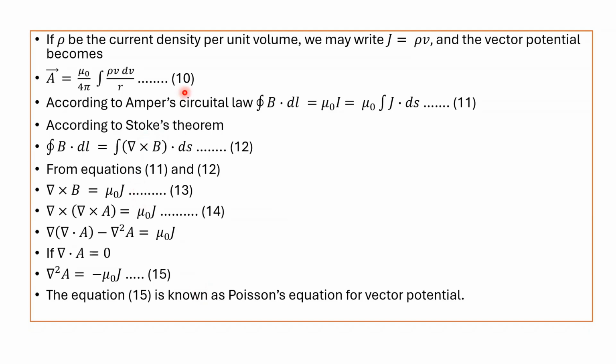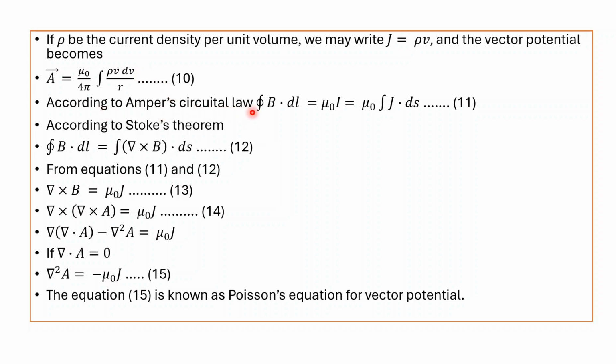If rho be the current density per unit volume, that is rho equal to J divided by V, then J equal to rho into V. Now the vector potential takes the new form of equation 10. Just instead of J, we have written rho into V.